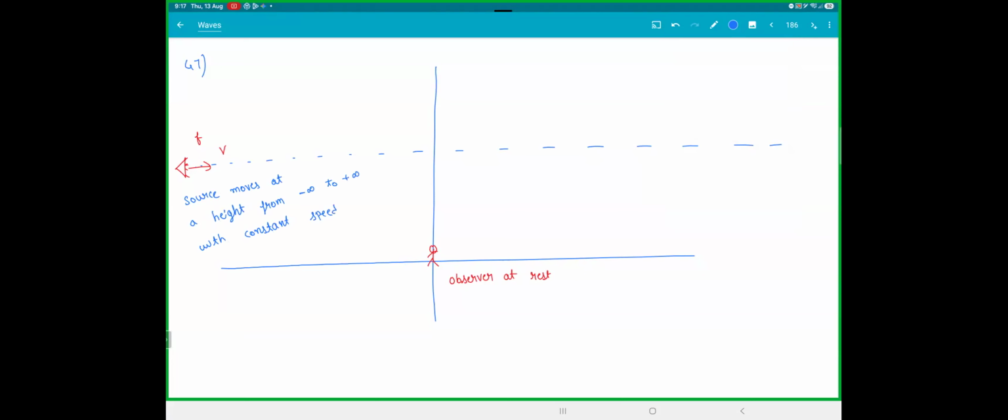So when the sound is being received by this guy, plot the apparent frequency versus the x coordinate of the source. So at a particular x coordinate, if the sound is released, what is that apparent frequency when it reaches this guy? Yeah, there will be a time lag. We are not interested in that. Approximately, we have to draw against the x coordinate of the source when sound is released.